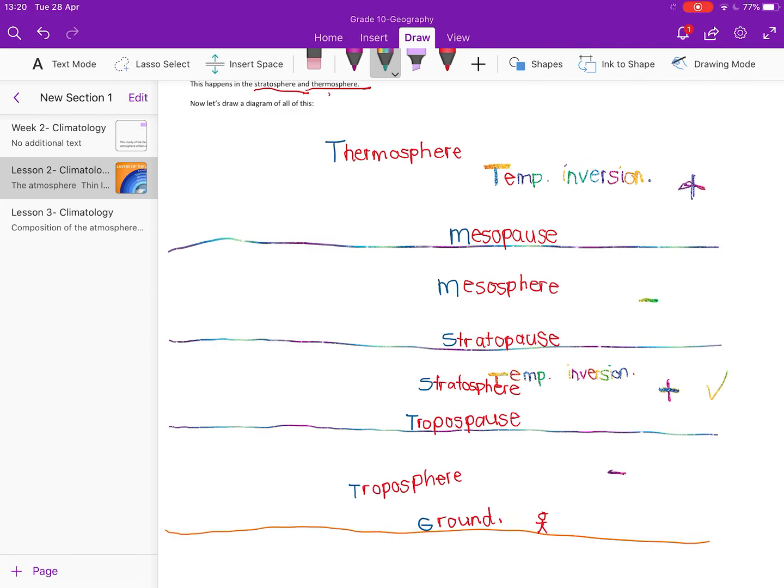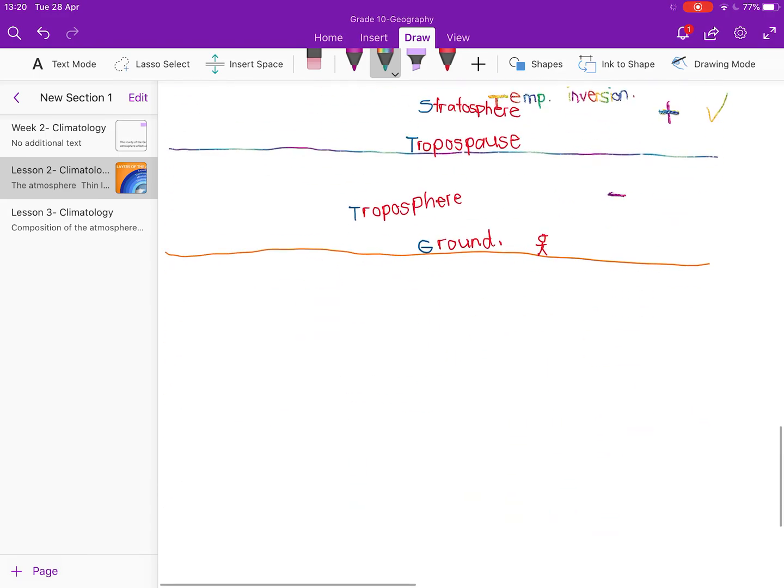It is higher in the stratosphere and the thermosphere because of some kind of reaction that happens, whether it is gases absorbing the UV radiation or the UV rays being absorbed, that causes an increase in temperature.